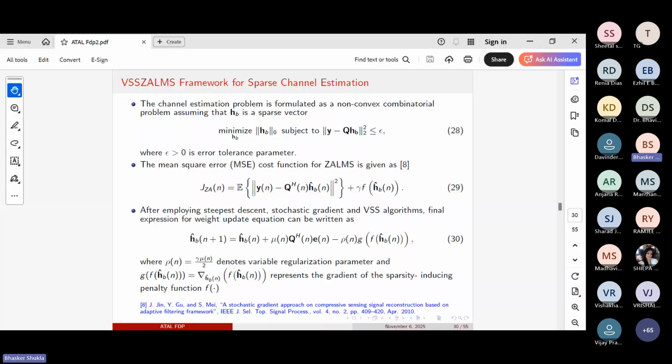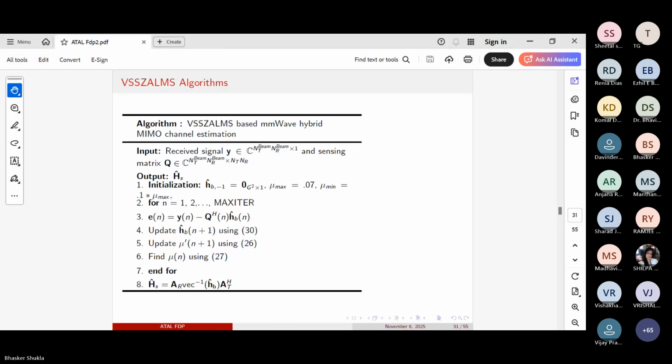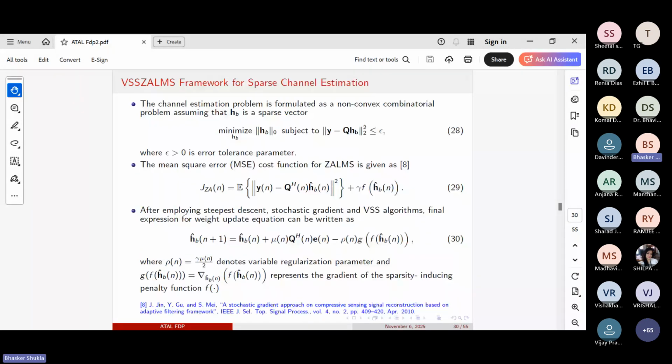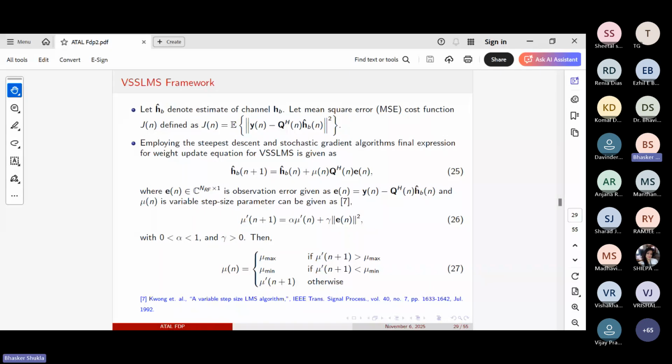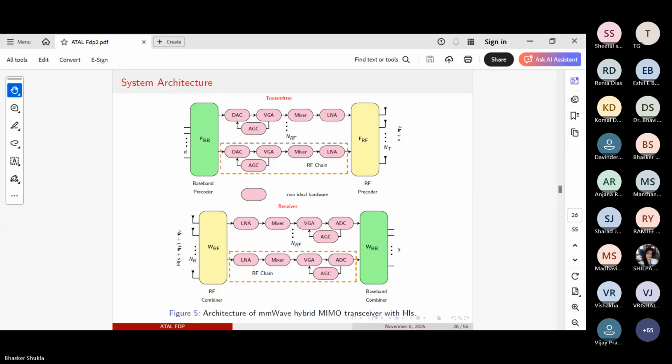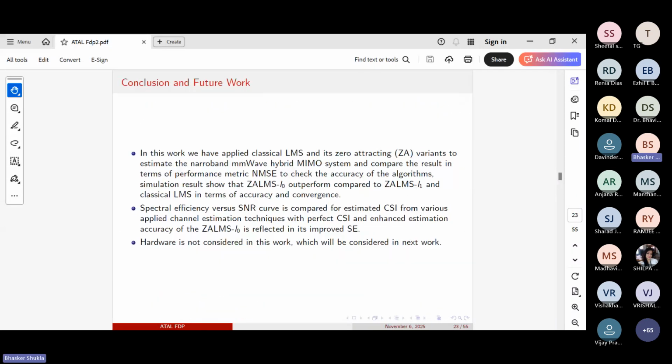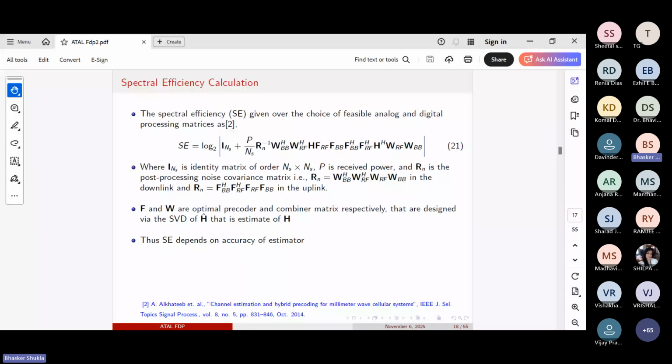then the overall update equation is given by, here I have written the overall update equation for ZLMS.